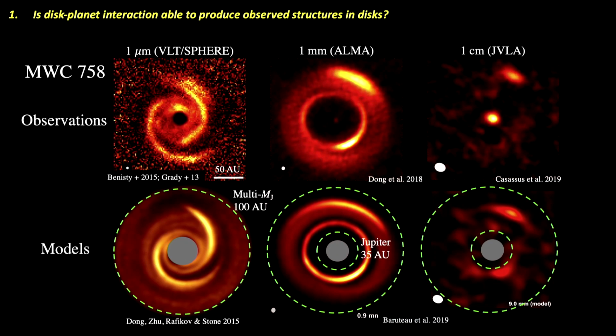The same planet opens a gap, and the outer gap edge is Rossby unstable, forms a vortex, collects millimeter-sized particles, and produces a millimeter emission clump. A second planet, somewhat less massive, is invoked at 35 AU. It too opens a gap and triggers formation of another vortex, producing another millimeter clump. The northern vortex is also good at collecting centimeter-sized particles, which is what we see here, a centimeter emission clump.